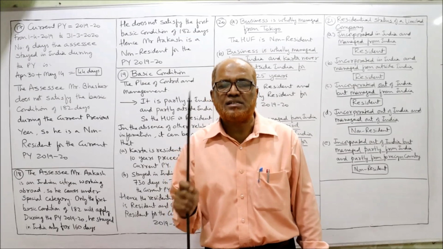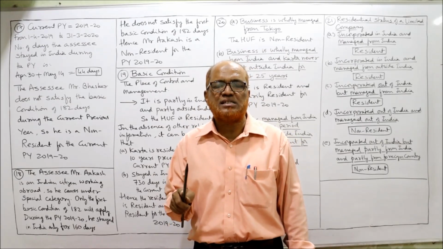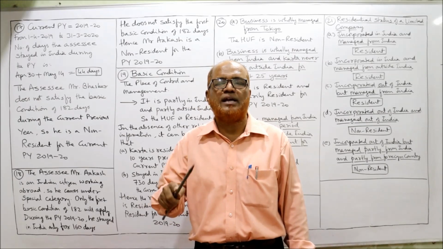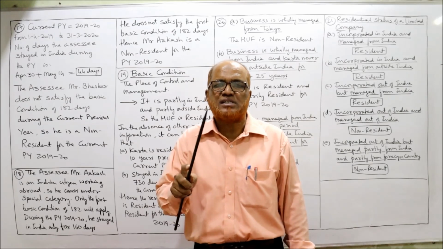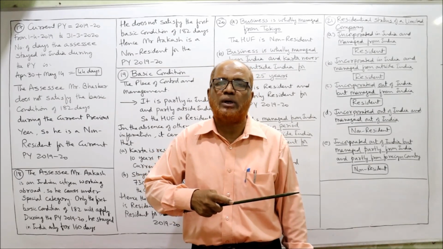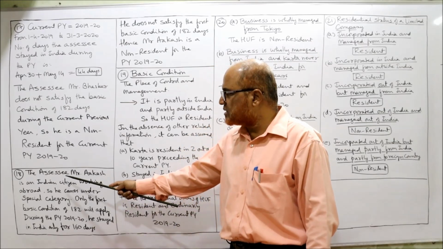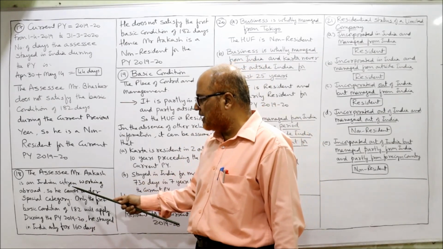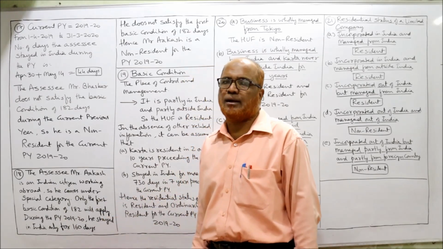So only the first basic condition will apply, 182 days. If he stays in India for 182 days or more, then only he will be a resident. If he stays for less than 182 days during the previous year, he will be a non-resident. So here you can see the assessee Mr. Akash is an Indian citizen working abroad, so he comes under the special category.